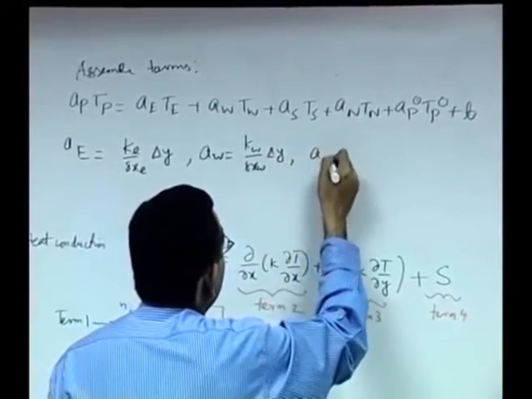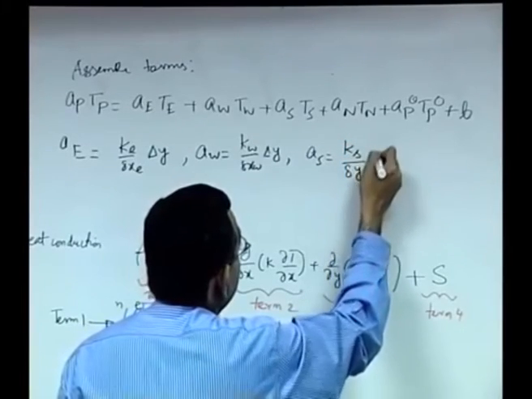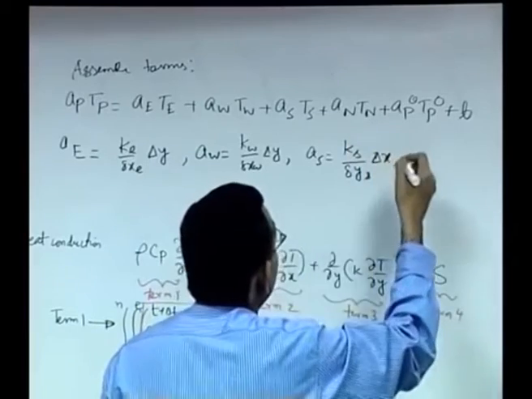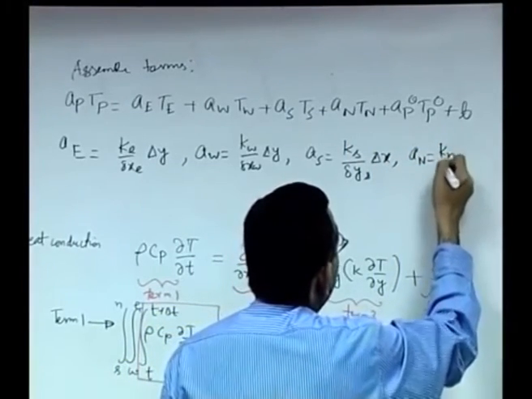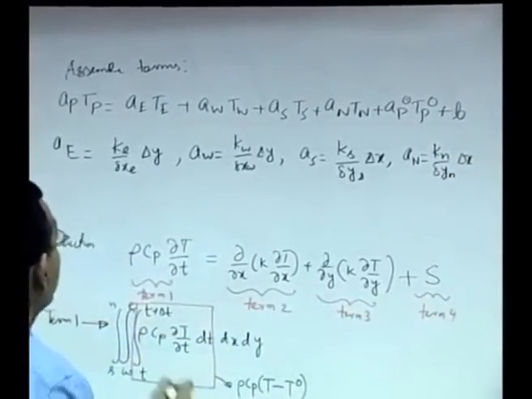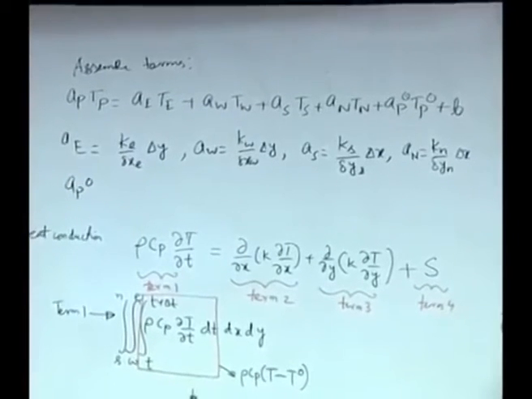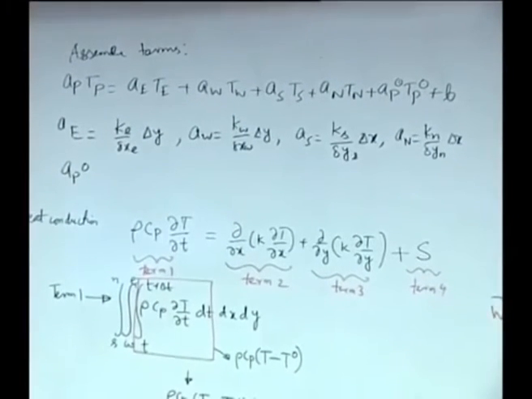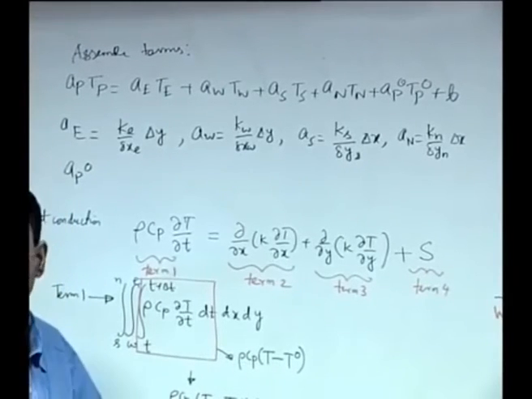AS, Ks by delta y_s into delta x. AN, Kn by delta y_n into delta x. AP0, rho Cp into delta x into delta y by delta t.